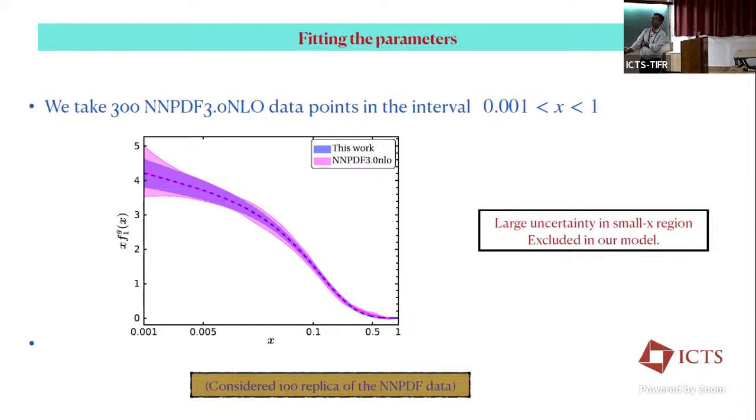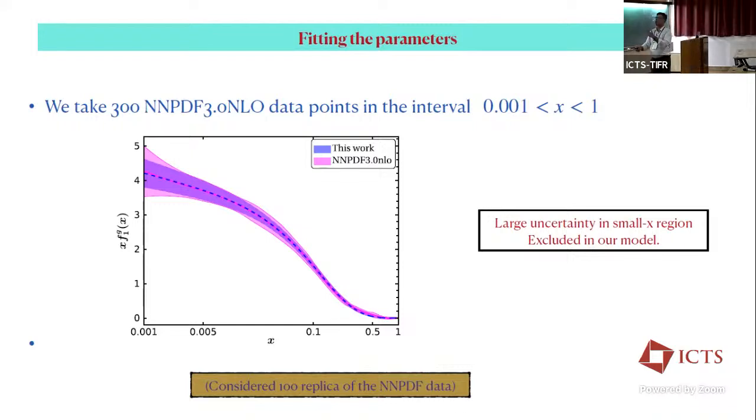So this magenta is actually from NNPDF, and blue is from our fitting. So we actually fit with the middle value, and here we actually consider 100 replicas of NNPDF data. And as we have heard in this discussion, for very small x, gluon TMDs or gluon PDFs are uncertain.